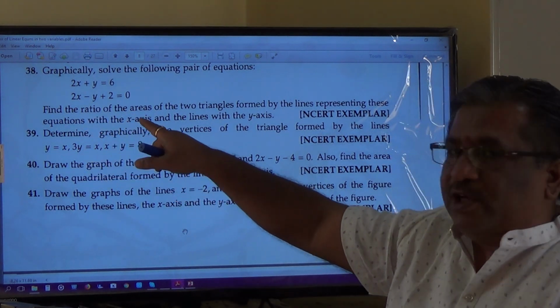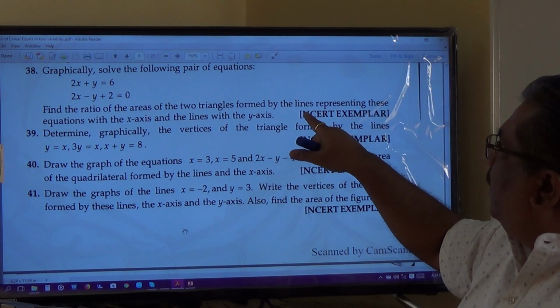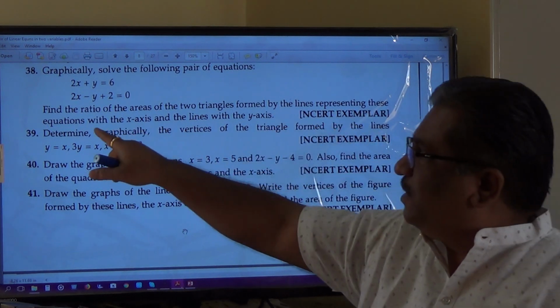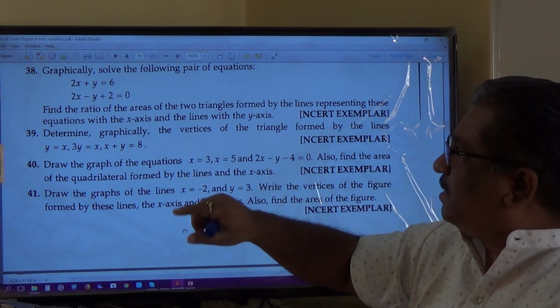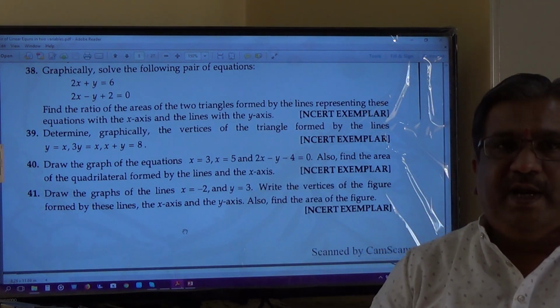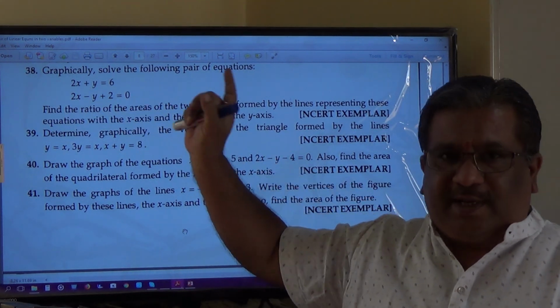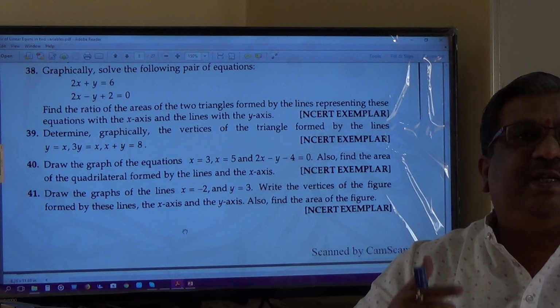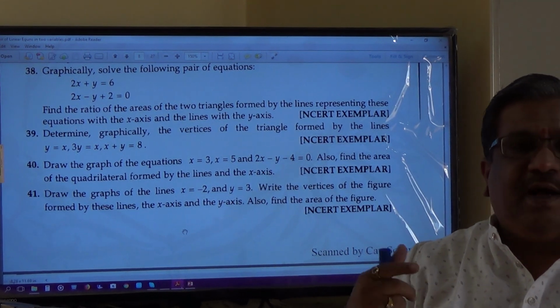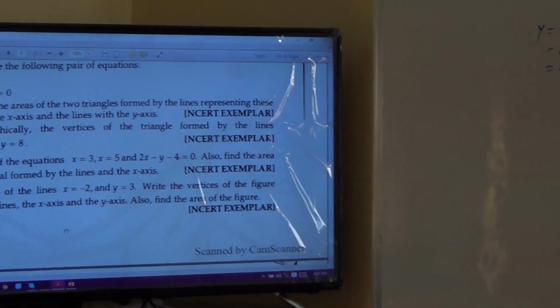Also find the ratio of the areas of the two triangles formed by the lines representing these equations with the x-axis and the lines with the y-axis. Very interesting question. First we need to plot the graphs and then see which are the triangles formed according to the question. So let's solve this one now.